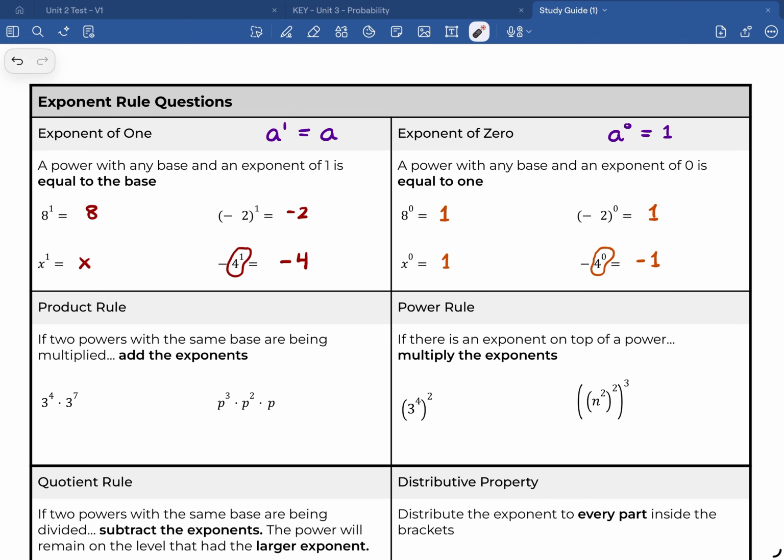Next up, we have our product rule. So in math, product will always refer to things being multiplied. So our rule for this one is if we have two bases, or two powers, that are being multiplied together, whether that multiplying is with dot multiplication or the actual little x in the middle, what we want to do is add the exponents.